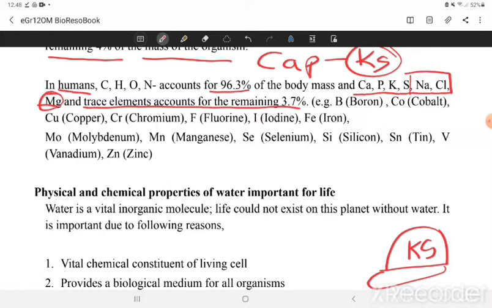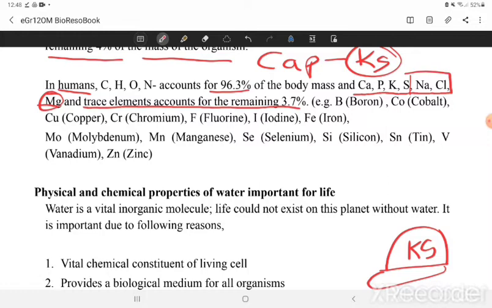And also, to make up the minute quantity, we have trace elements. That means most of the 3.7% comprises calcium, phosphorus, potassium, sulfur, sodium, chlorine, and magnesium. But the trace elements account for a very small amount of the remaining 3.7%.